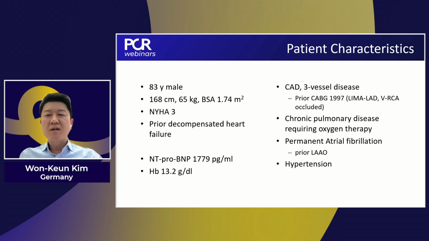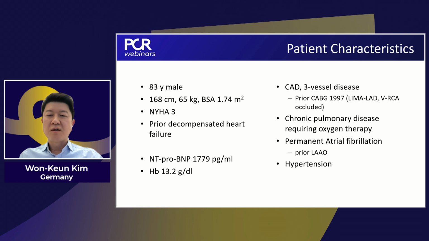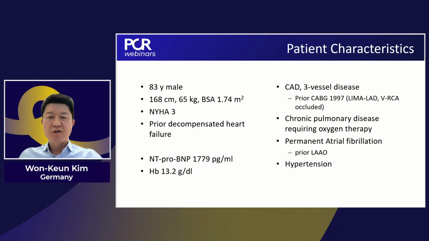Looking at the comorbidities on the right-hand side, the patient had prior CABG more than 20 years ago, but also has chronic pulmonary disease. So it's a rather severe stage with chronic oxygen therapy. Also, this patient has AFib and hypertension.